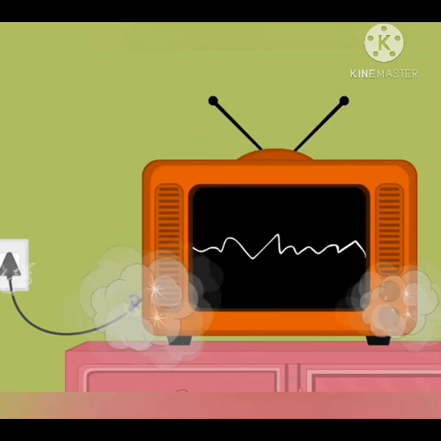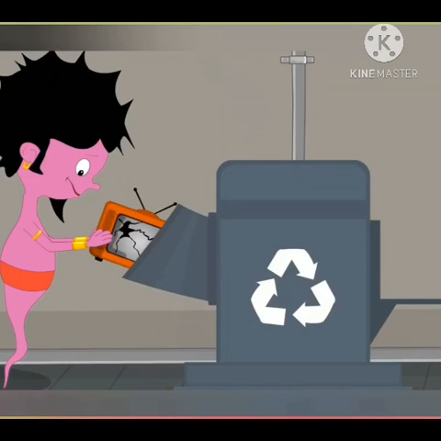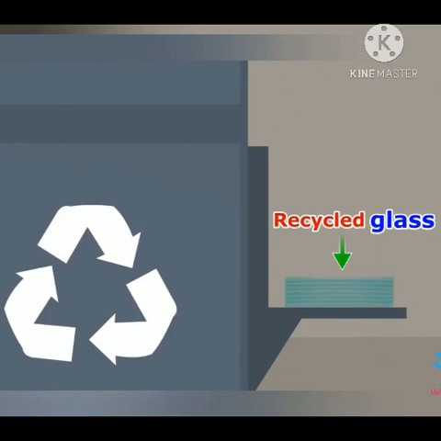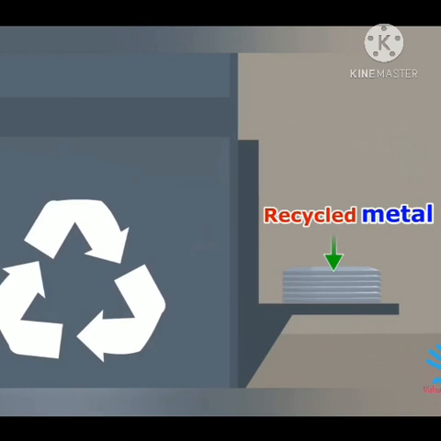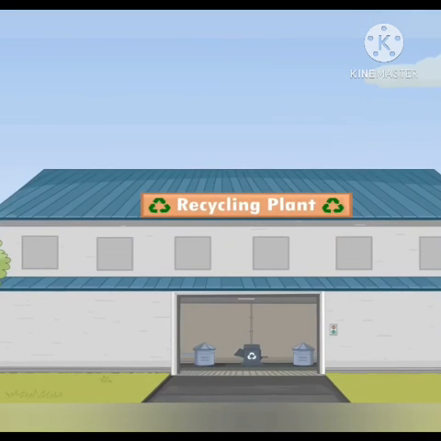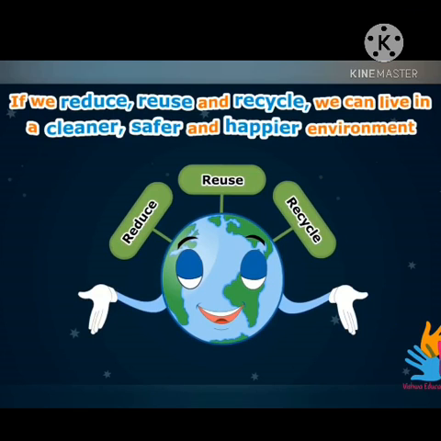So what do they do? They collect the TVs in bulk and send them to the recycling plants, and after that, recycled glass, recycled metal, or recycled non metal is used for making new TVs or new electronic devices. So, if we reduce, reuse, and recycle, we can live in a cleaner, safer, and happier environment.